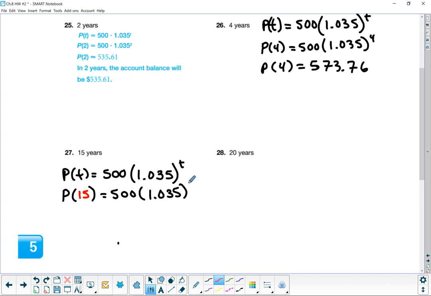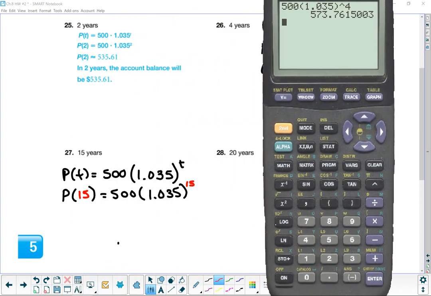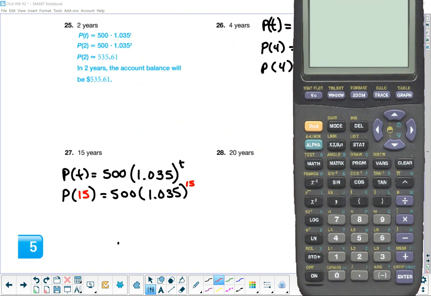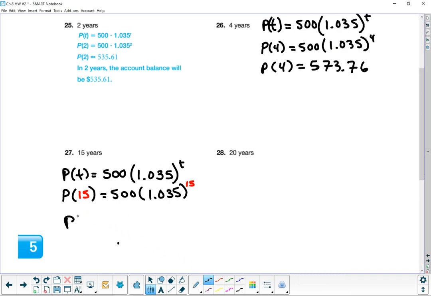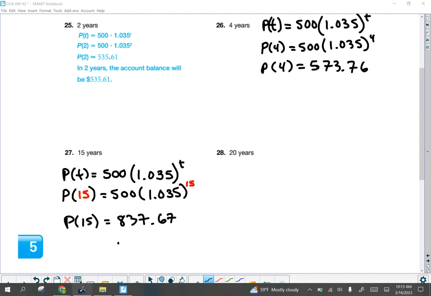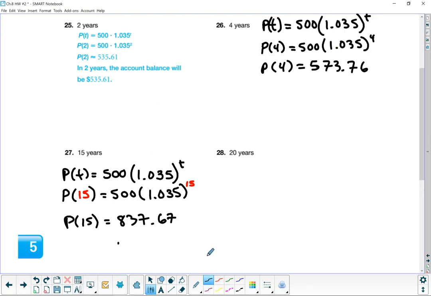Your calculator is going to look something like this: 500 parentheses 1.035, and then the power of 15. That's the only thing you're changing. So 837 and 67 cents. P of 15 equals 837 and 67 cents. Double checking that number. Yep.